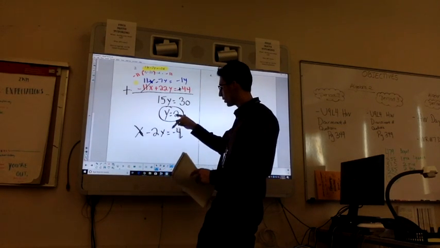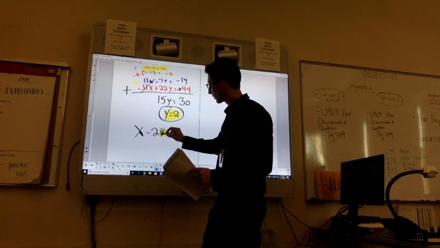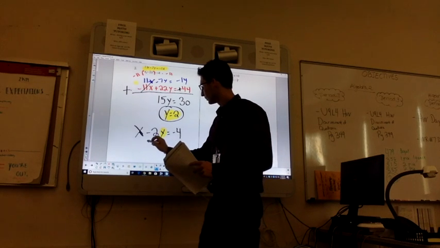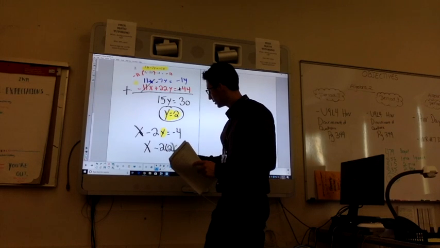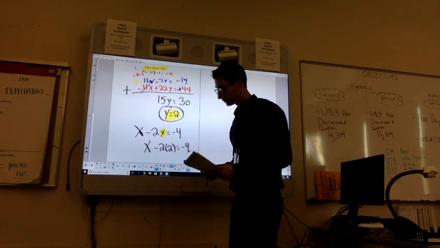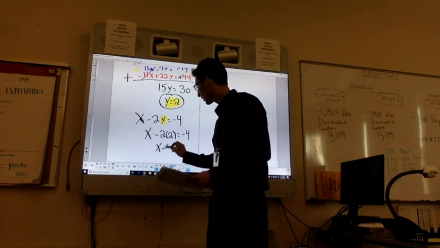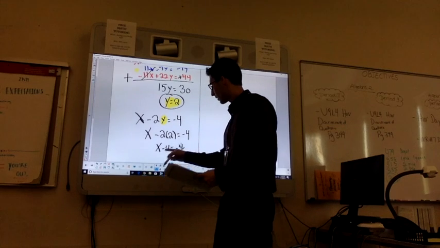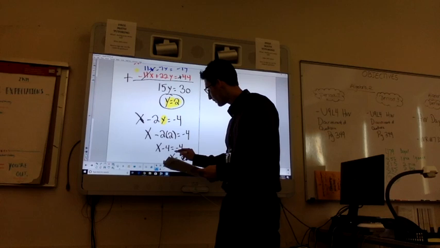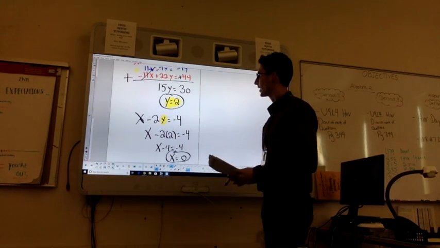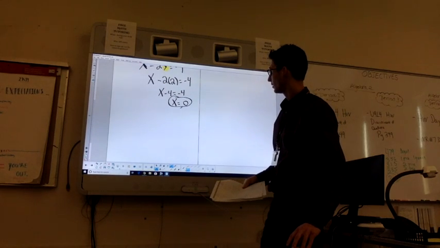So I'm going to substitute in 2 for y here and solve for x. x minus 2 times 2 equals negative 4. x minus 4 equals negative 4. Add 4 to both sides, so x equals 0.